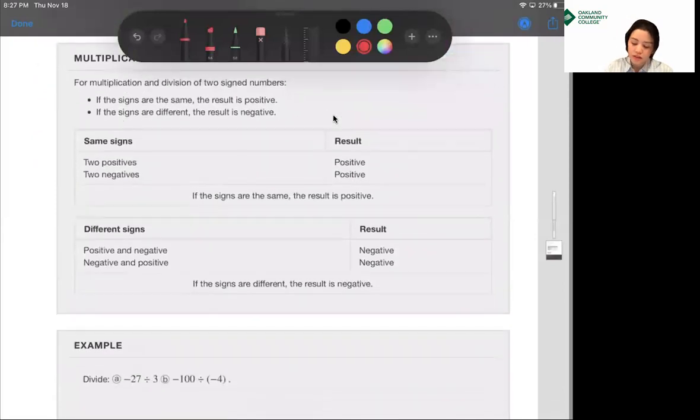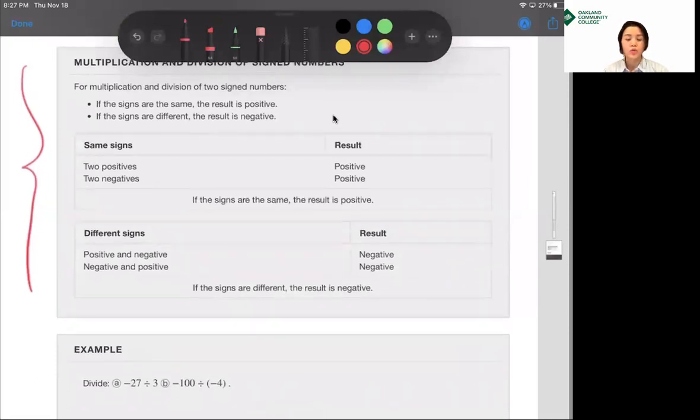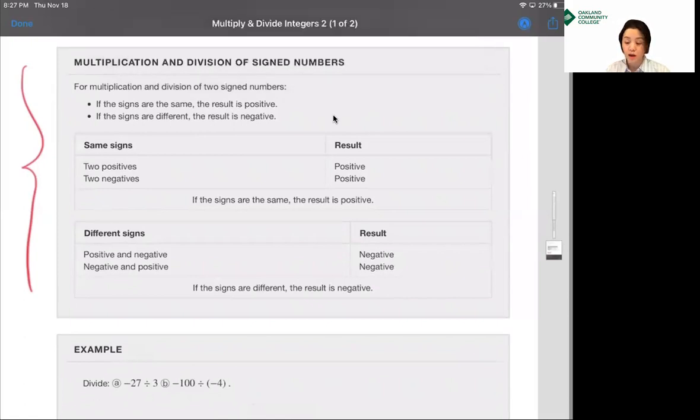Okay, so here is the chart that tells you what happens when you divide two signed numbers. If the same sign, two positive numbers divided by each other, then the quotient is positive.